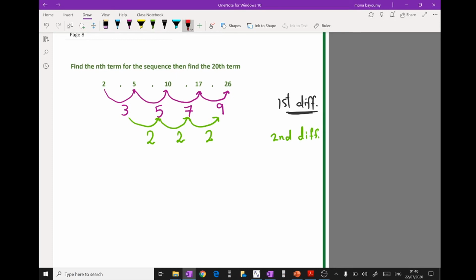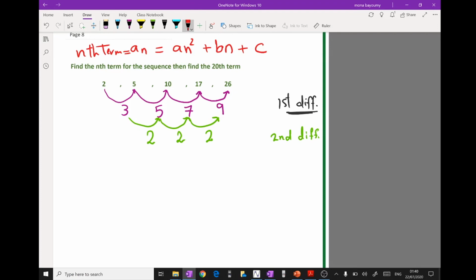Quadratic sequence means an equals an squared plus bn plus c, where an means the nth term.